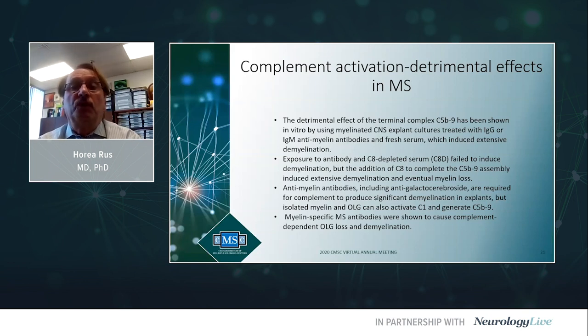In order to prove the role of C5b29 in this demyelination, when the same explants are exposed only to antibodies against myelin and complement C8 deficient serum, this failed to induce demyelination, suggesting that you need the addition of C9 and the formation of C5b29 in order to complete the complement activation pathway and induce extensive demyelination and myelin loss.